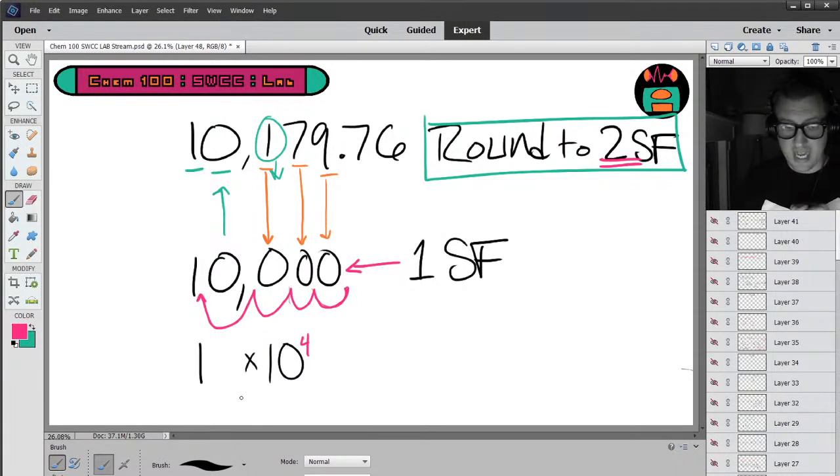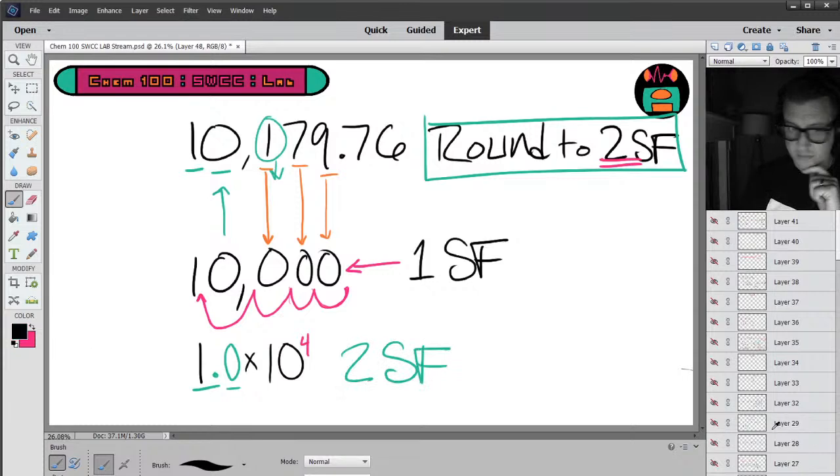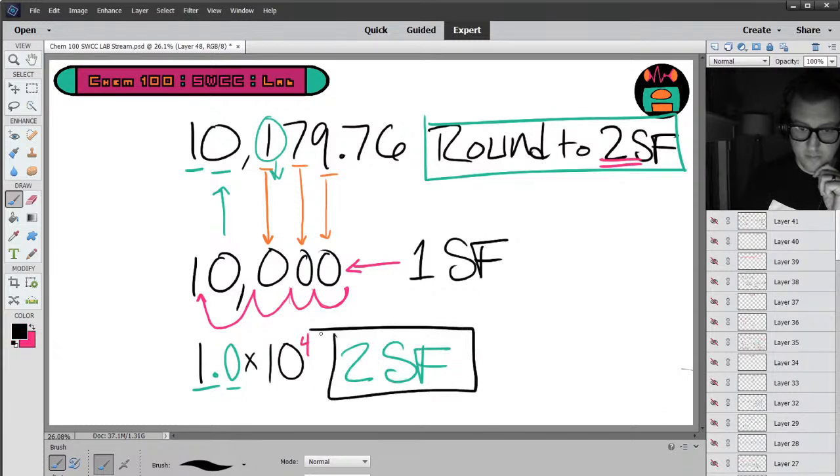Now 1 only has 1 sig fig, and that's why we're going to add a 0.0. Now we have 2 sig figs. So that is how you round a number like 10,179.76 to 2 sig figs. For this one, we have to use scientific notation because after rounding, our value only has 1 sig fig in it. Scientific notation will bail you out every time.